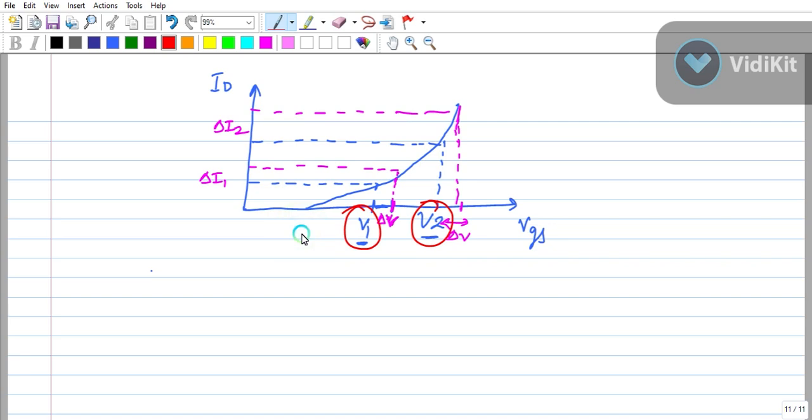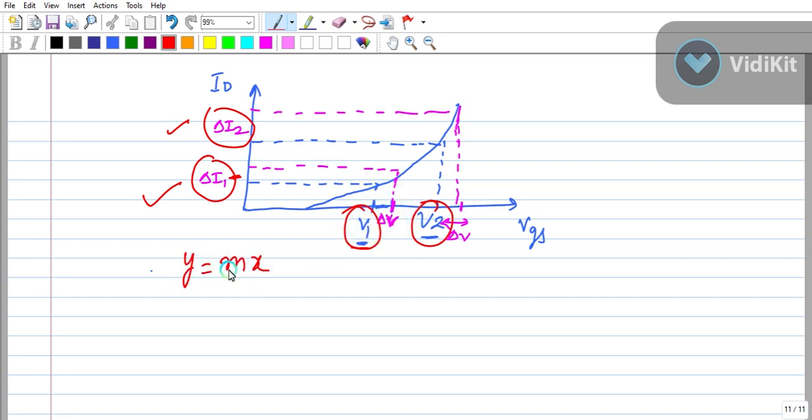Okay, let's see. First of all, we want a high current difference. That is our condition. If this is high, then that is good. So let's see which one is greater, delta I2 or delta I1. If you want to calculate this, you know y equals mx.